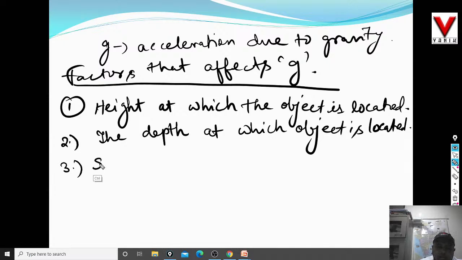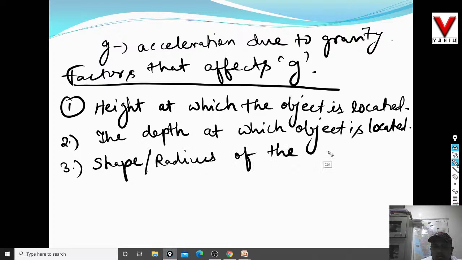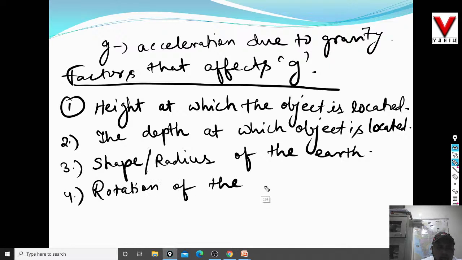Third, shape or radius of the earth. Fourth is rotation of the earth.